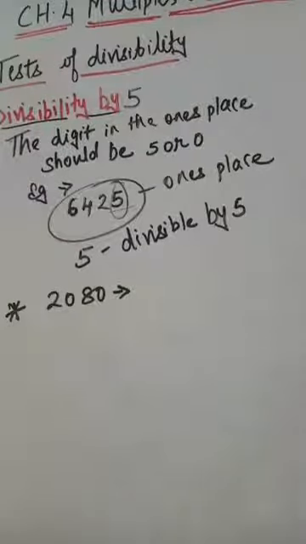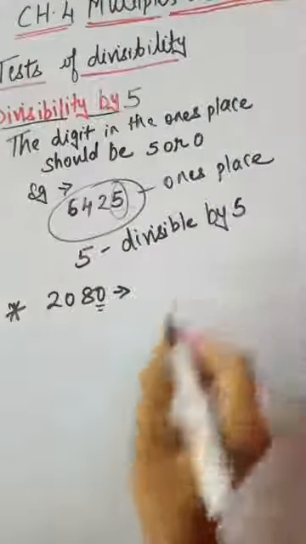Yes, 0 is given in the ones place. So it is divisible by 5.